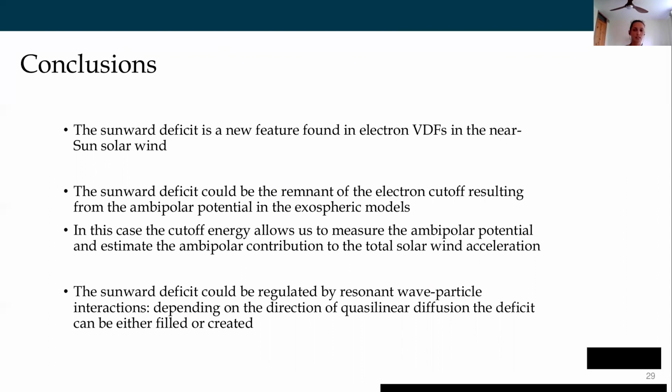But there is one thing that doesn't fit, which is the shape of the deficit. And another possibility is that this deficit could be created and destroyed by different resonant wave-particle interactions. But I think that future work is needed to make really good conclusions on what's really happening and why. Okay, so that's all I had to say.